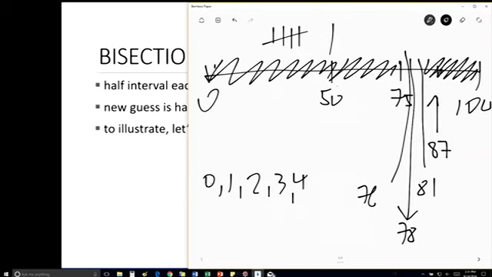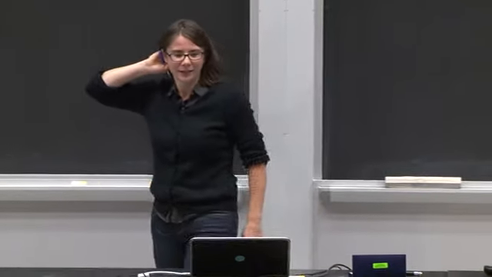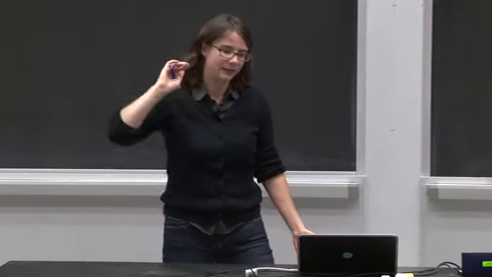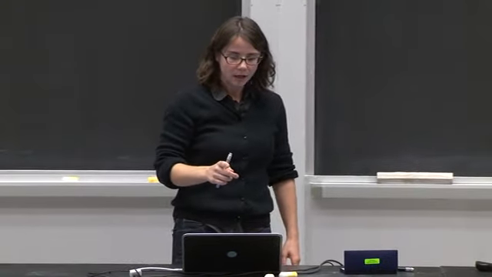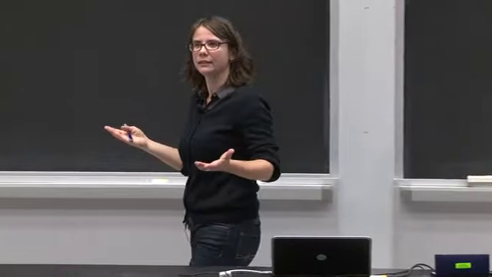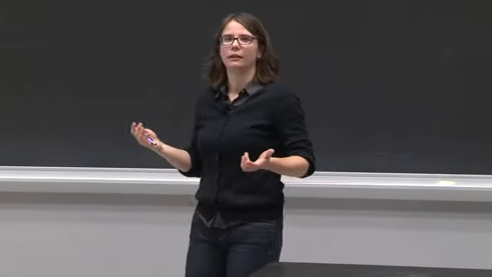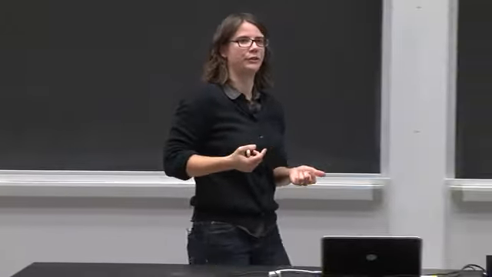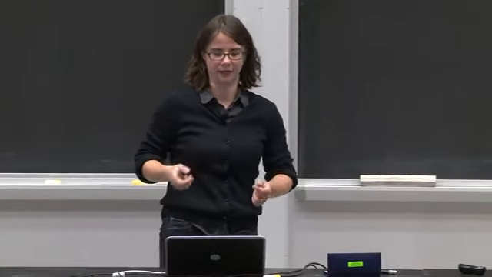So with guess and check, it would have taken me 76 guesses to get to the number. Whereas with this bisection search, it only took me 6. Isn't that cool? So that means the larger the space that I need to search, the better it is to use this bisection search method, OK?